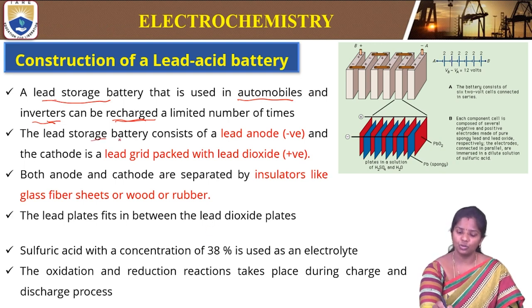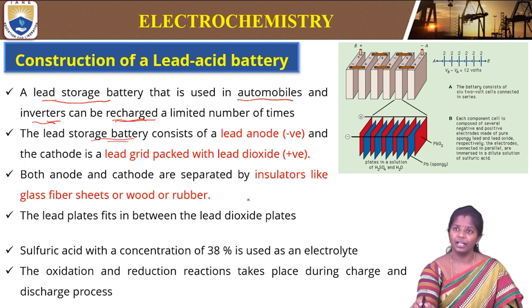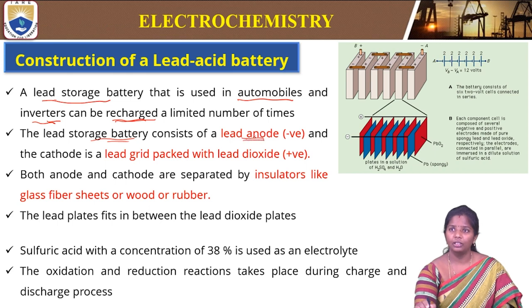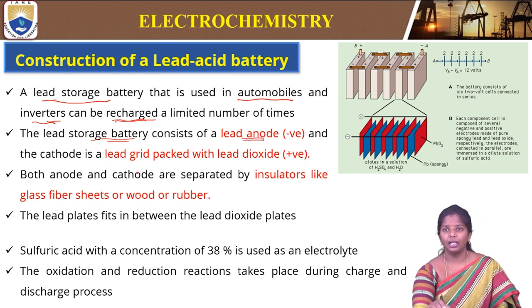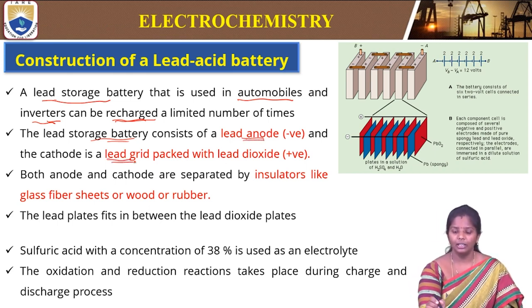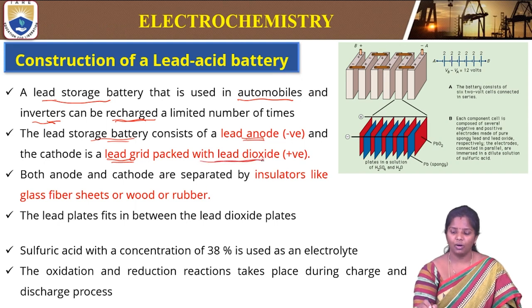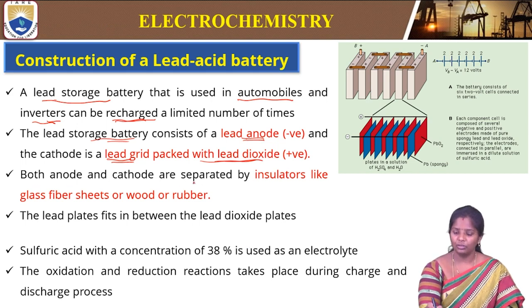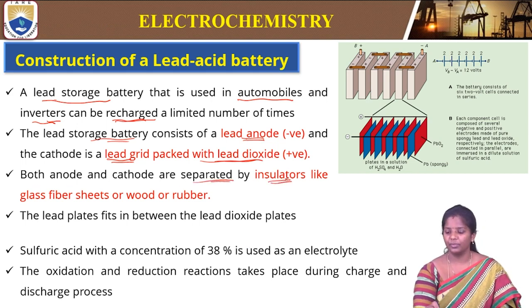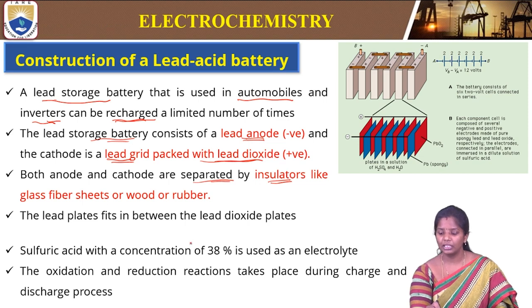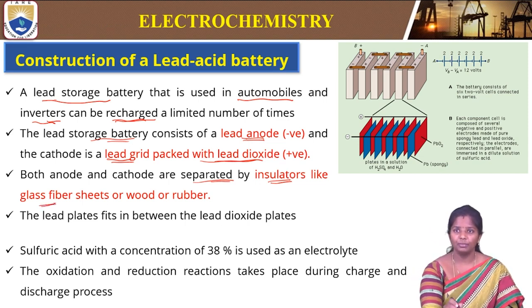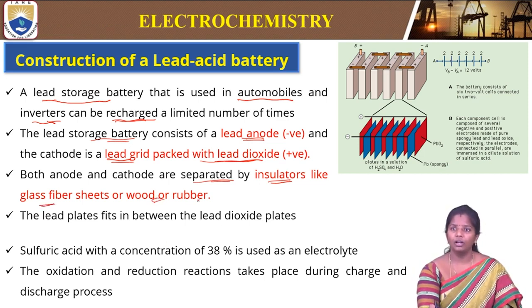The lead acid storage battery consists of a lead anode, that is the negative terminal, and the cathode is a lead grid packed with lead dioxide. Both the anode and cathode are separated by insulators like glass fiber sheets, wood, or rubber.